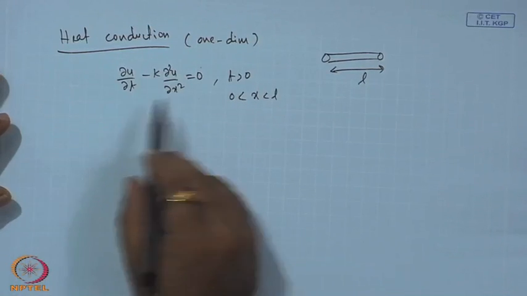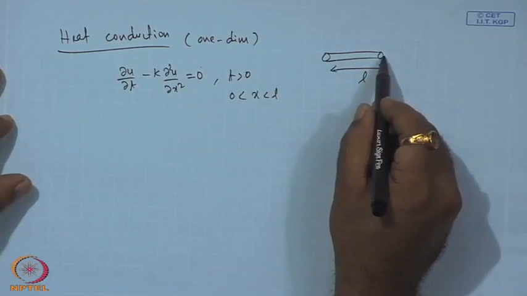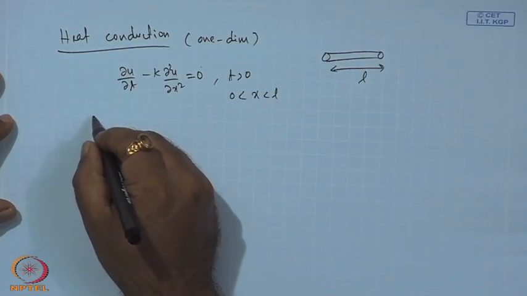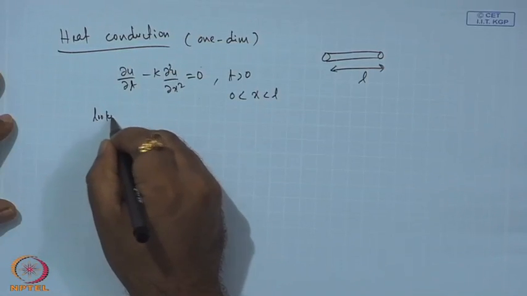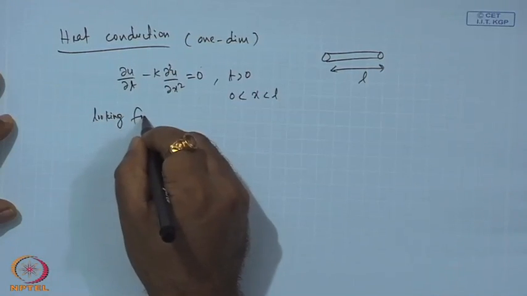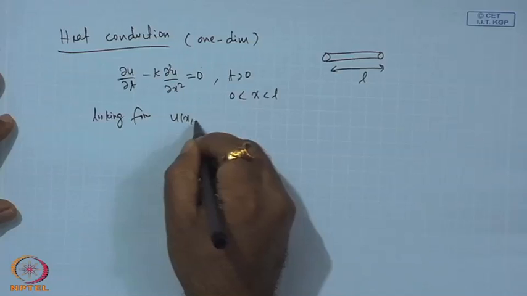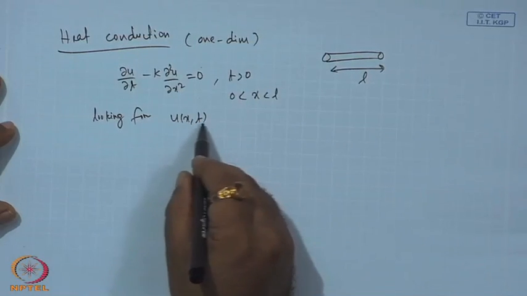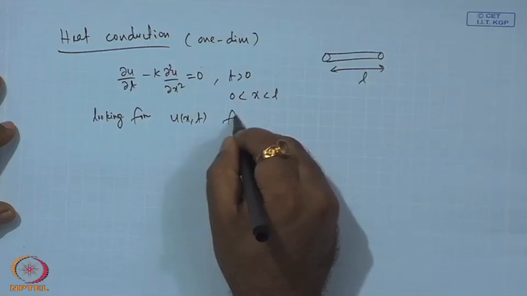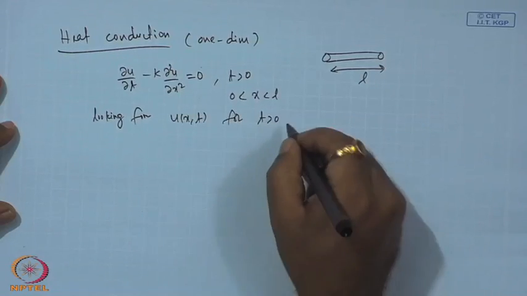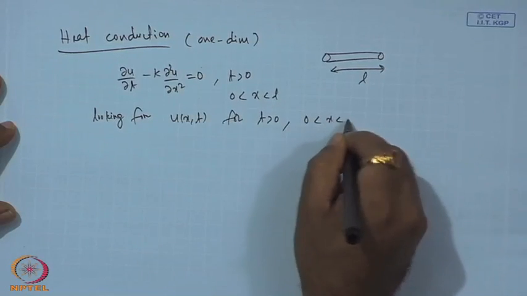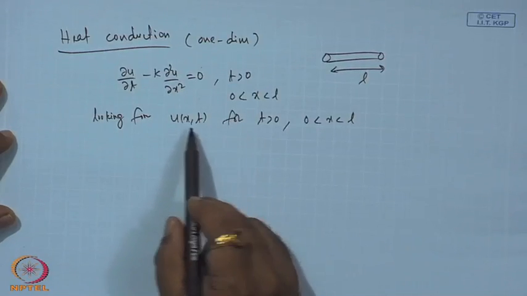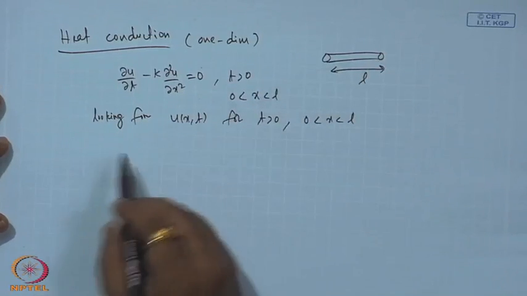Now this requires boundary conditions, and we are looking for u of x t, for t greater than 0 within this range. So, definitely we need an initial condition and then we need the boundary conditions.